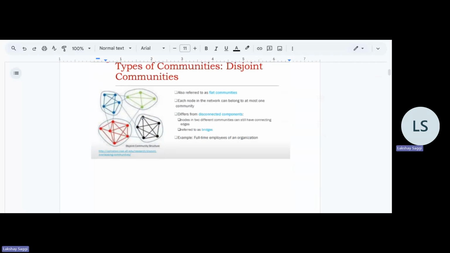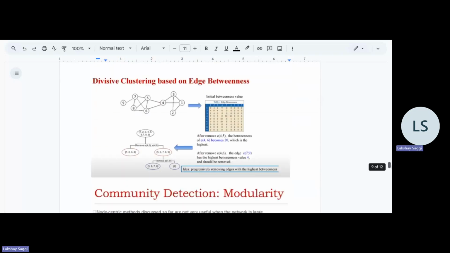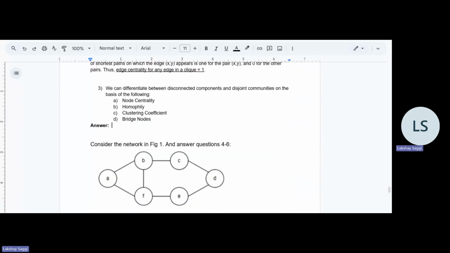Whereas disconnected components can never have bridges, because they are by nature disconnected and so should have no edge between them. So these bridges are what help us distinguish between disconnected components and disjoint communities, because disjoint communities will have bridges but disconnected components won't.